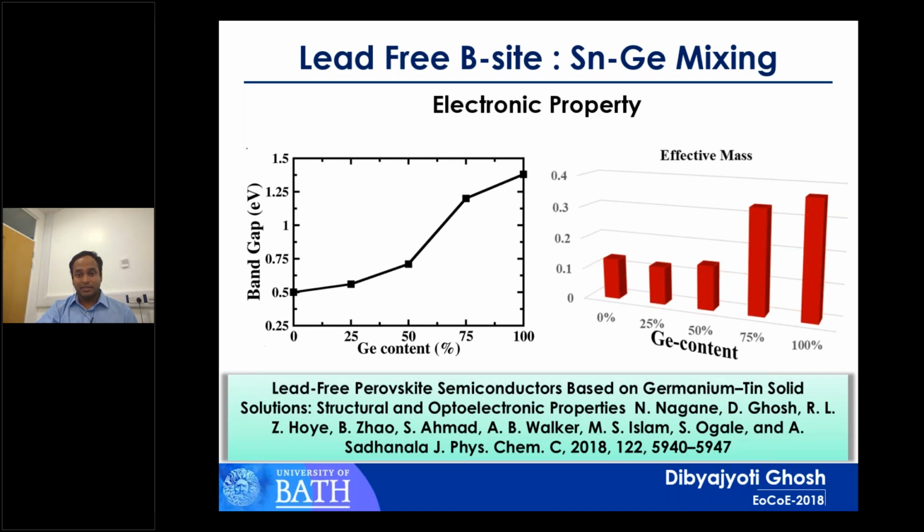But again, we know that these tin-germanium systems suffer a lot from oxidation, and we need to find a way to stop their oxidation and degradation.